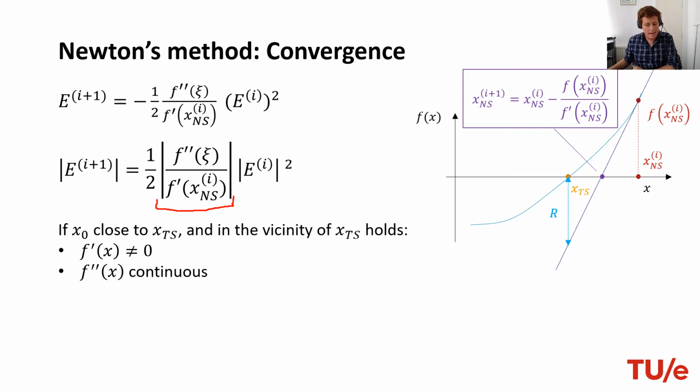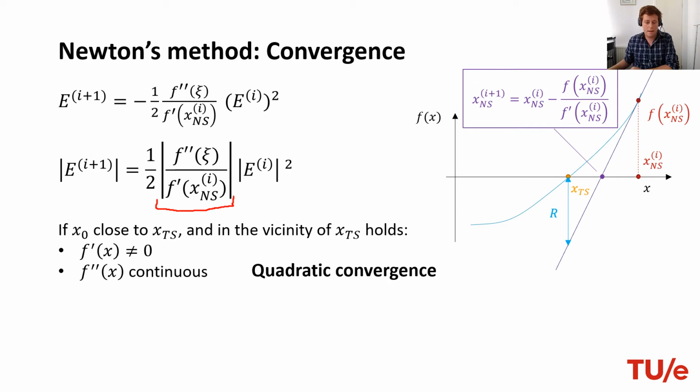If that is the case, then we find that the error in iteration i plus 1 is proportional to the error in iteration i squared. And that is what we call quadratic convergence.